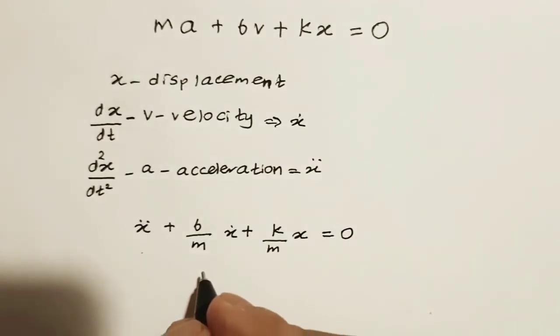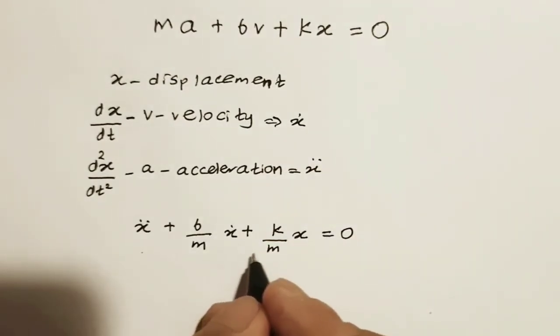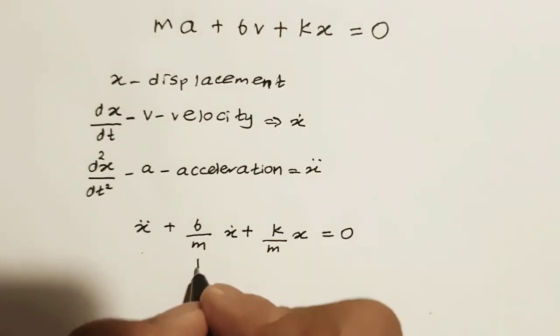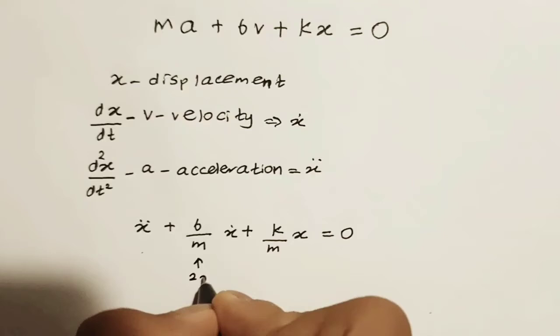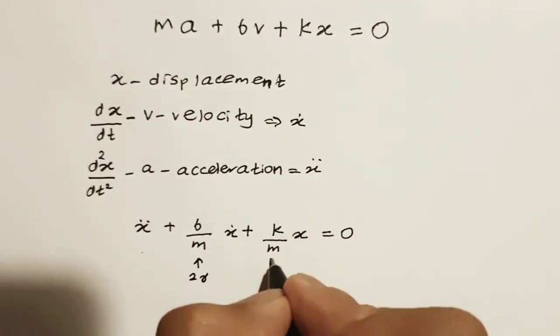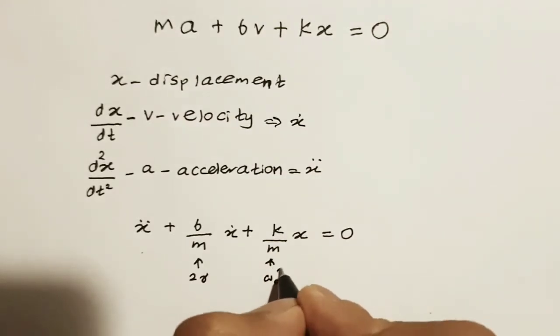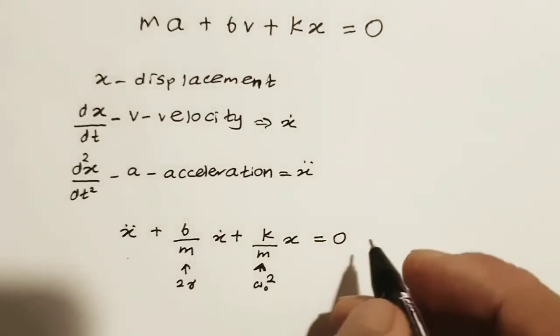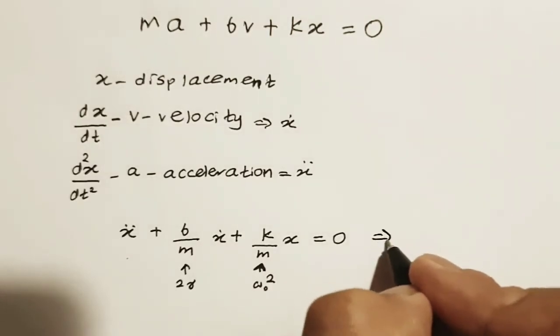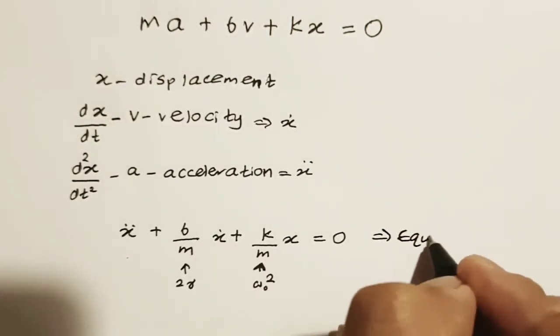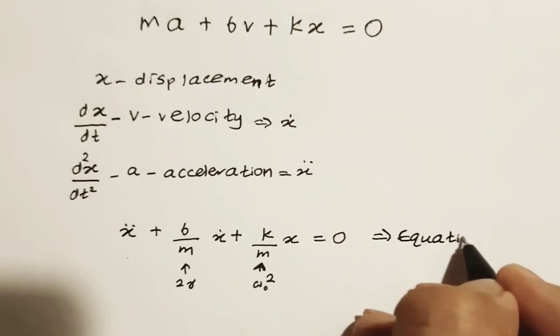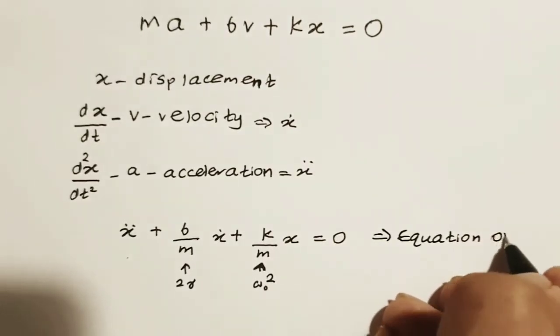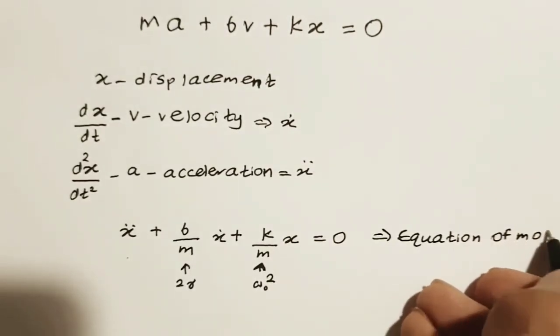Now we can take new terms for this b over m and k over m. We would take b over m as 2 gamma, whereas k over m as omega naught squared. The equation we have obtained here is the equation of motion.